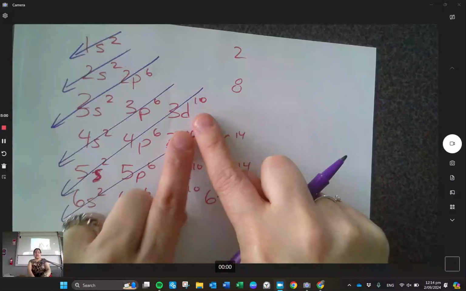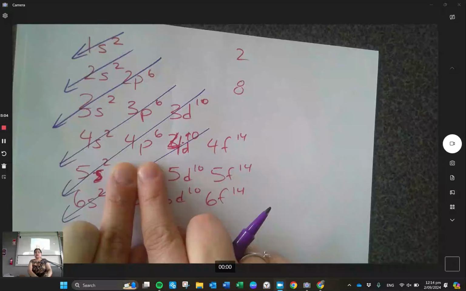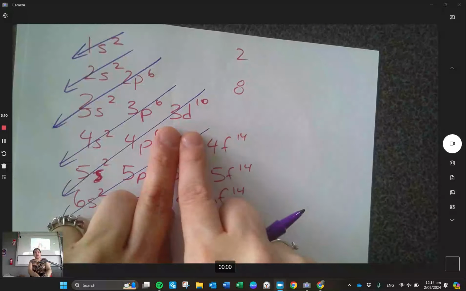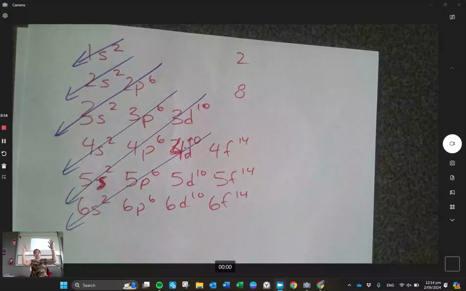In fact, that 3D is actually a lower energy level than the 4P. But doesn't it make sense for it to be the lower energy level because it's only 3 shells? So this one is more complicated, but it's lower. This one is less complicated, but further away. So you're trying to compromise those two things: distance from the nucleus versus complexity of the shape.